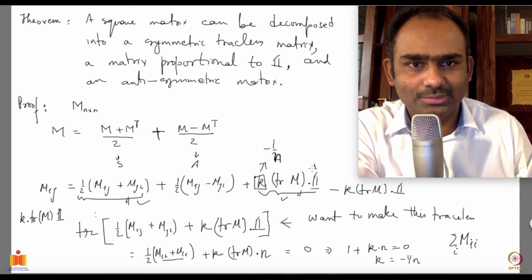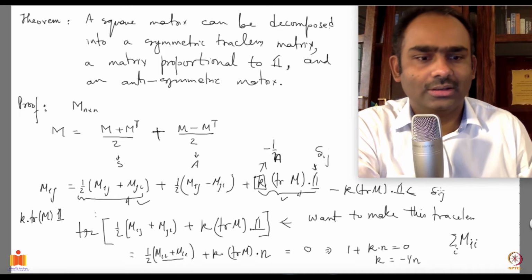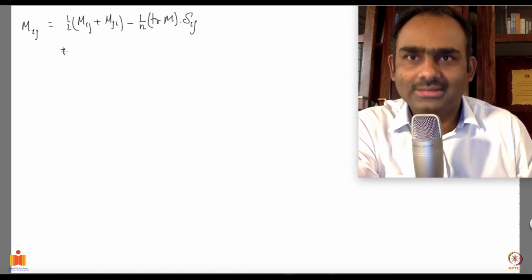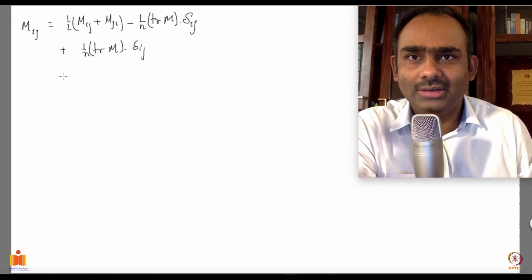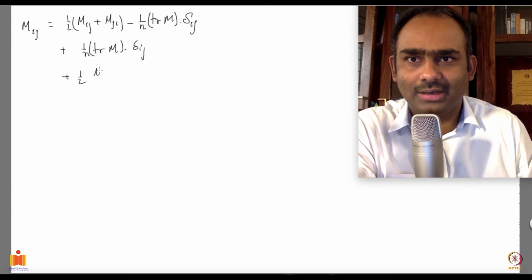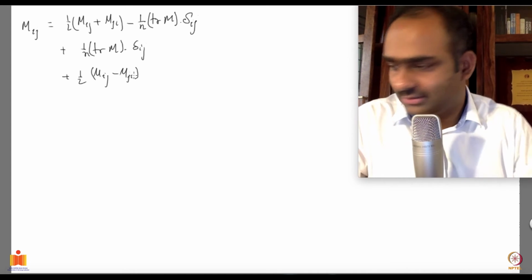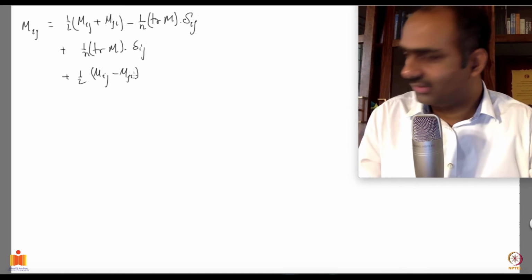This identity please write down as delta ij. Okay, here also. So that is your traceless part, plus 1 by n trace of M delta ij. That is your trace part. So you have filtered out the trace, and then you have the antisymmetric piece, half (Mij minus Mji). Okay, so that's the decomposition which you can always make. Okay, that's good, and I believe you already knew it.